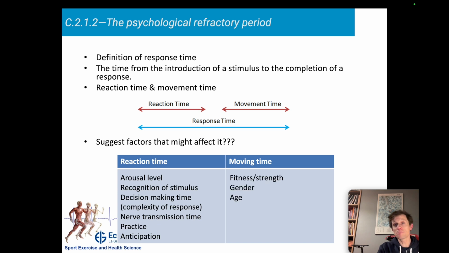Movement time then, generally that's going to be determined by our levels of fitness, how strong we are, how fast we are, our gender and our age. These are the things which are going to affect our moving time.